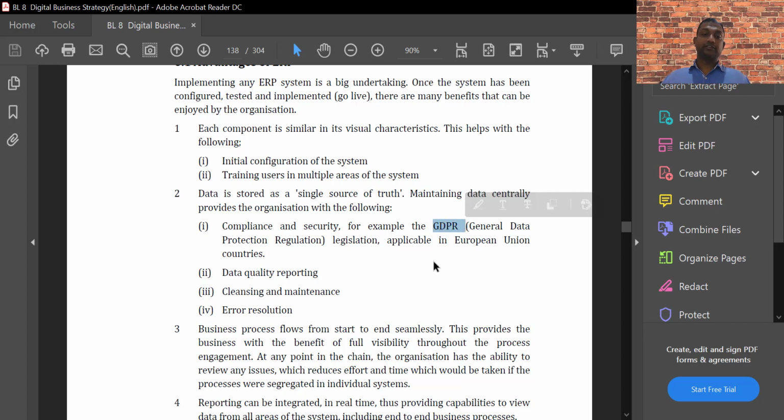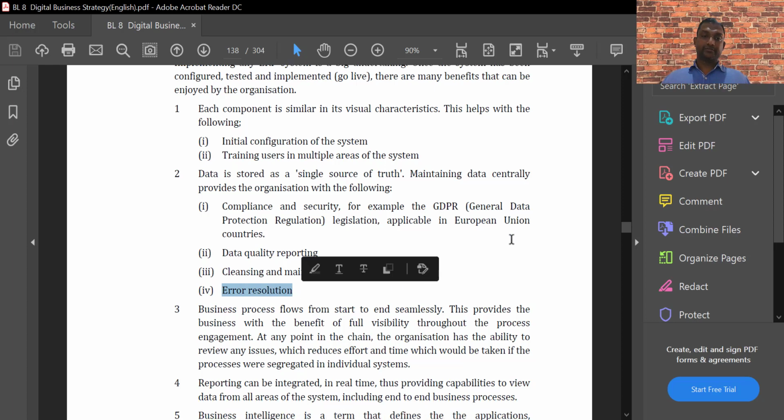As an example, GDPR, which has a legal requirement, and you can easily have data quality reporting, easy maintenance of the data, removing garbage, because it is not in different places but stored properly in a single place, and errors are easy to resolve.